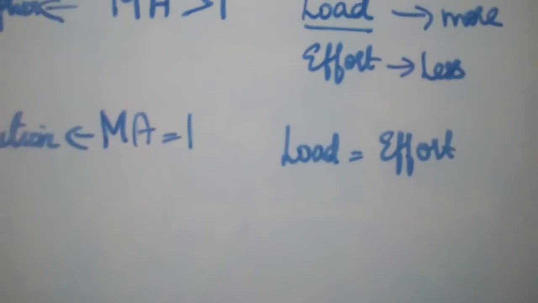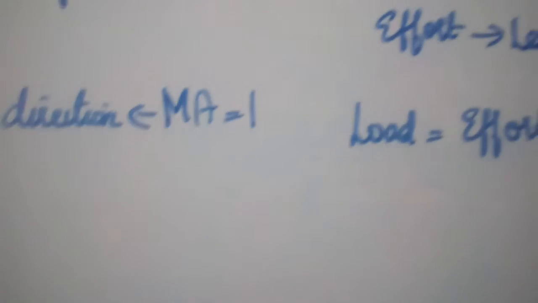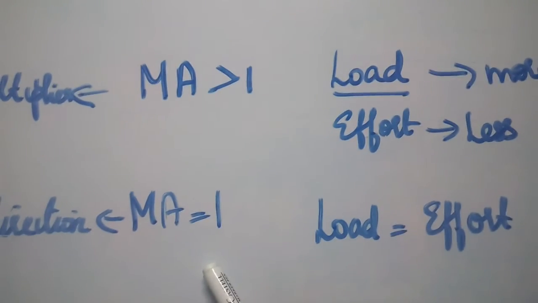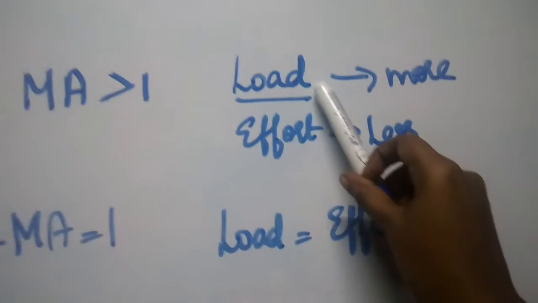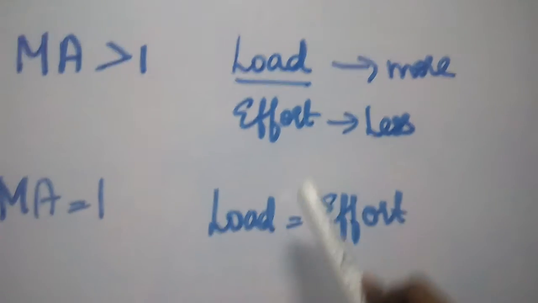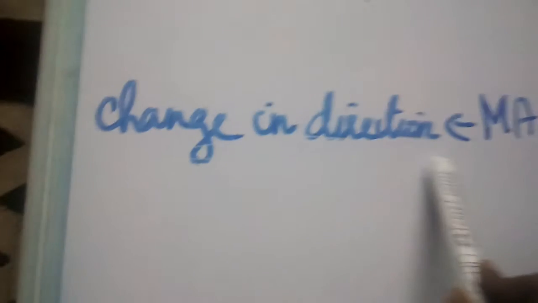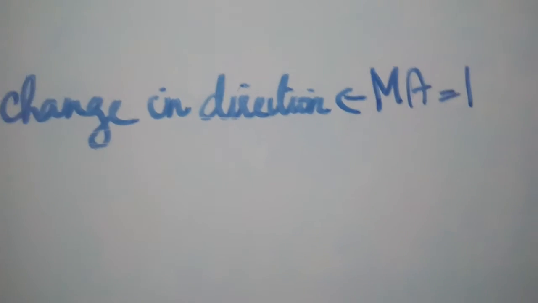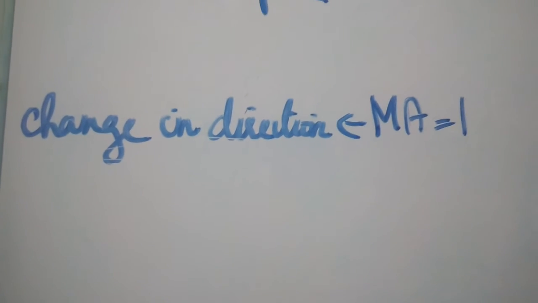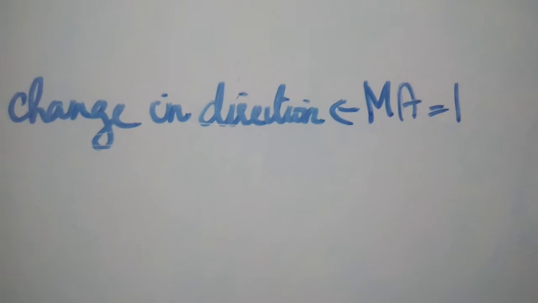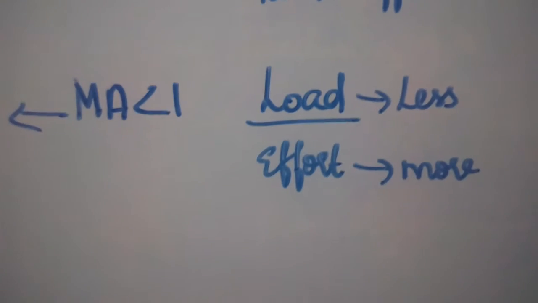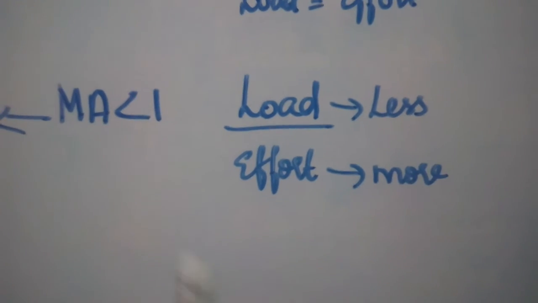If the mechanical advantage is equal to 1, that means load is equal to effort. If 5 Newton load and 5 Newton effort is given, then the value of mechanical advantage is equal to 1. But in that case, the machine can be used to change the direction of the effort to a convenient direction.